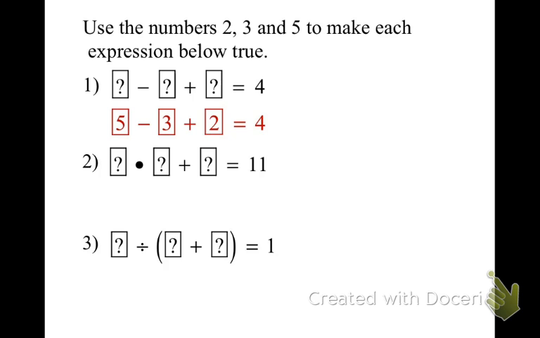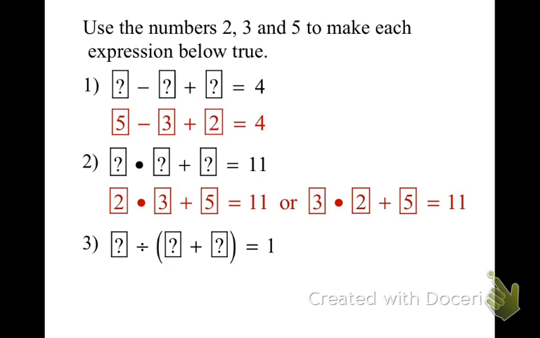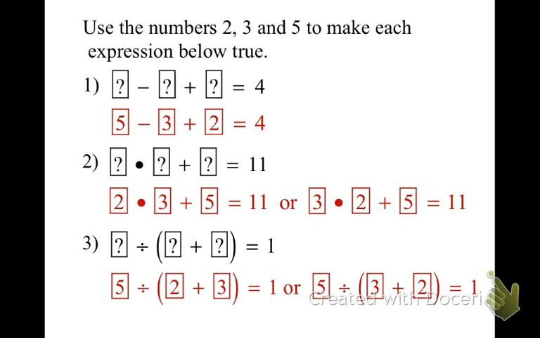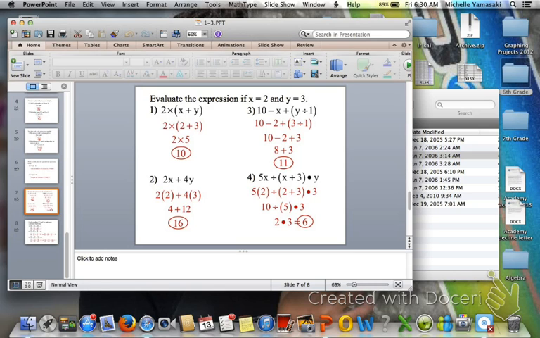Number 2. 2 times 3 is 6, plus 5 is 11. Or we could have done 3 times 2 plus 5 equals 11. 5 divided by 2 plus 3 equals 1. Or we could have done 5 divided by 3 plus 2. And that's the lesson.